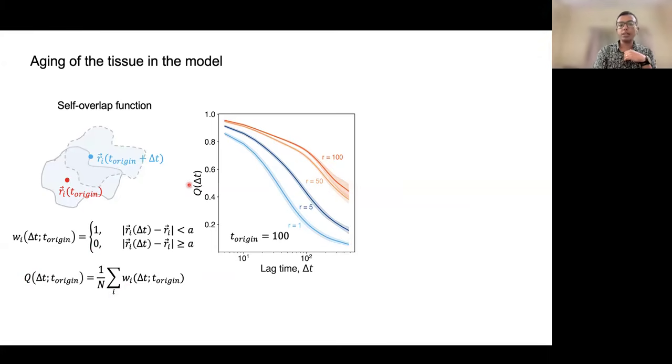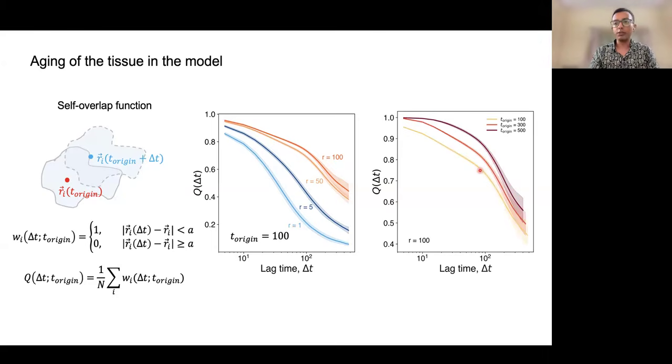What I'm plotting here is the self-overlap function with some particular t origin as a function of different division rate. As you can see, the overlap is significantly higher at higher division rate than at low division rate, which tells you that the systems are much more caged, much more glassy-like at higher division rate, which again corroborates the story that I've been telling you.